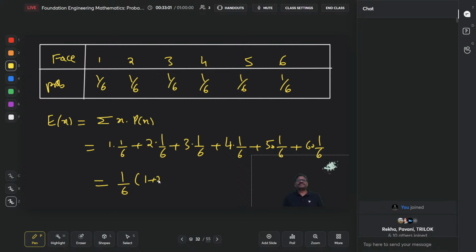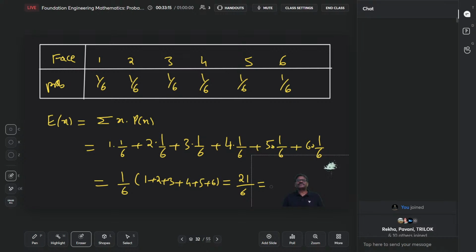That is 1 by 6 of 1 plus 2 plus 3 plus 4 plus 5 plus 6, which is 21 by 6, that is 3.5 or 7 by 2. Expectation of X is 7 by 2.